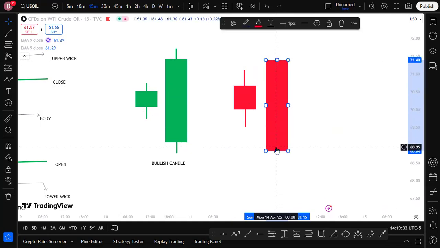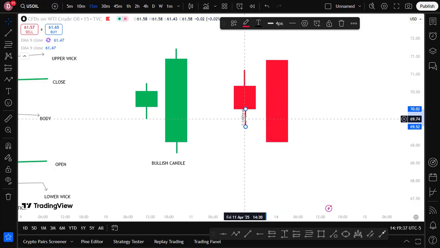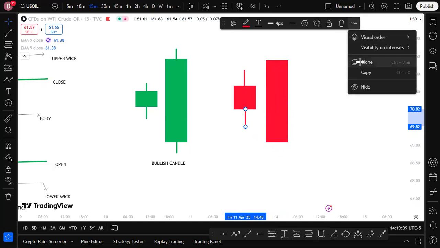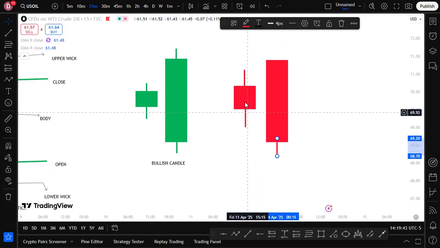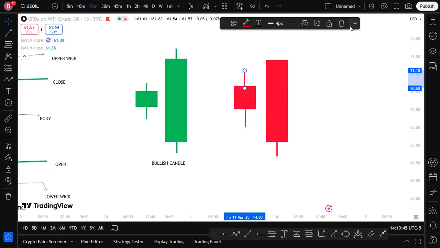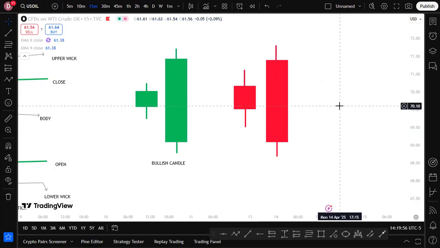This is for a bearish candlestick. So candlesticks have different body sizes.